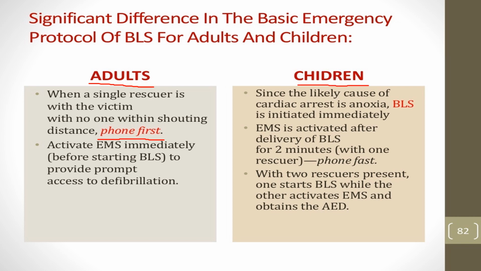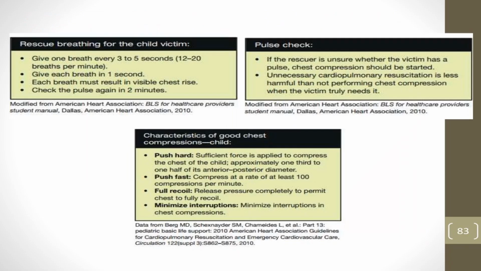Children: since the likely cause of cardiac arrest is anoxia, BLS is initiated immediately. EMS is activated after delivery of BLS for 2 minutes, with one rescuer, phone fast. With 2 rescuers present, one starts BLS while the other activates EMS and obtains the AED.